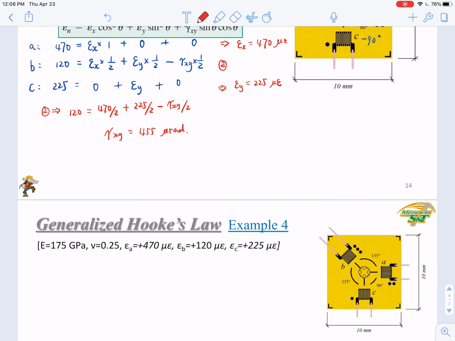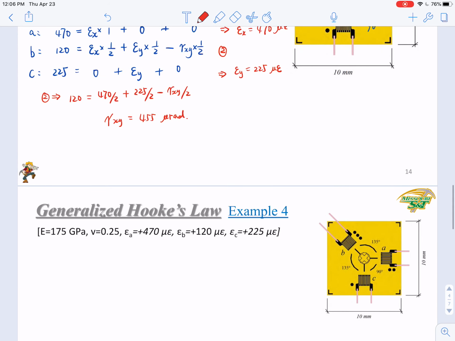To summarize, epsilon x is 470 microstrain, epsilon y is 225 microstrain, gamma xy is 455 microradian.